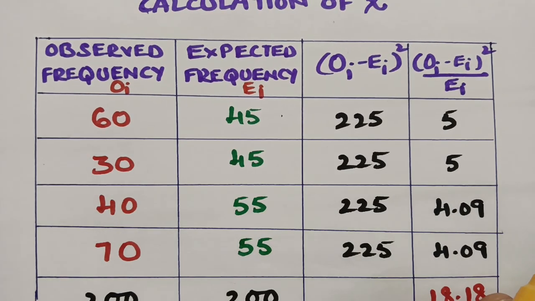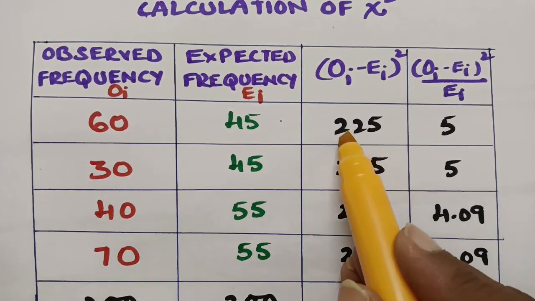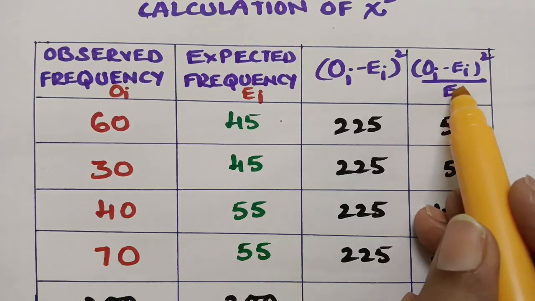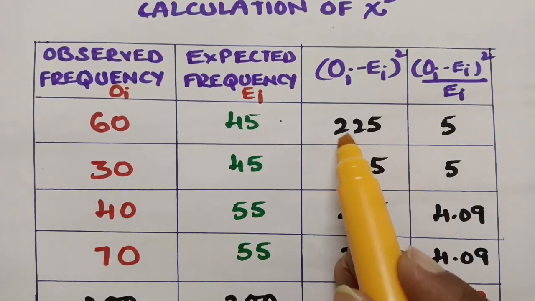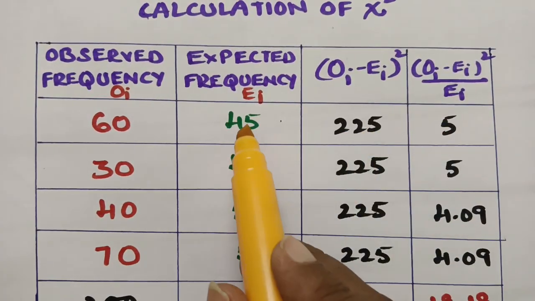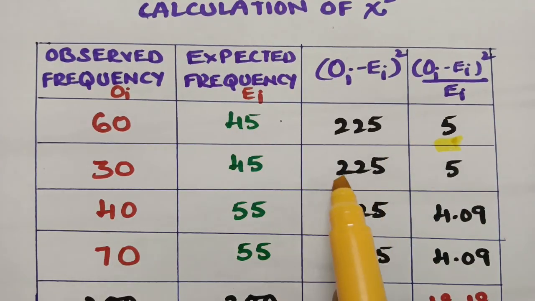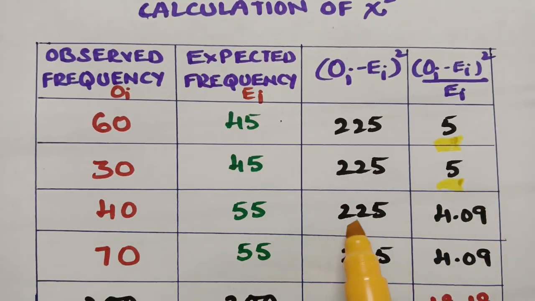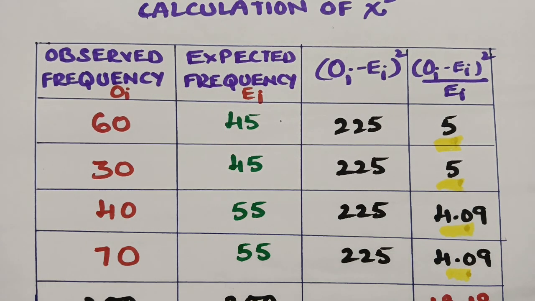Now we have to make a division here, that is 225 divided by EI. So what is EI? 45. 225 divided by 45 is 5, and 225 divided by 45 is 5. 225 divided by 55 is 4.09, and 225 divided by 55 is 4.09.